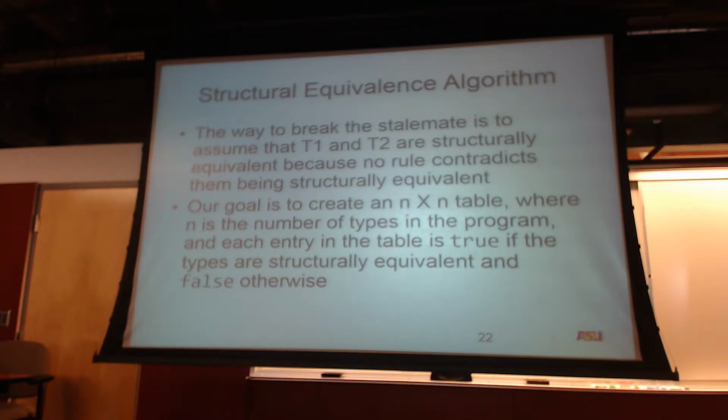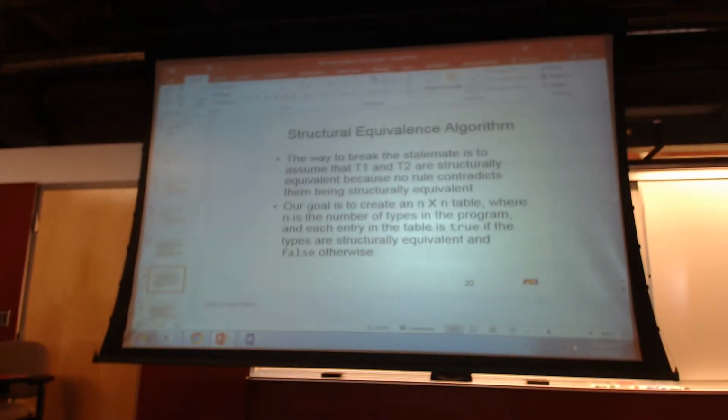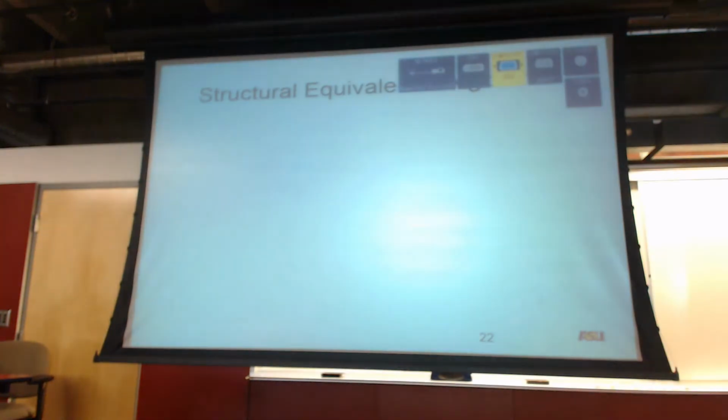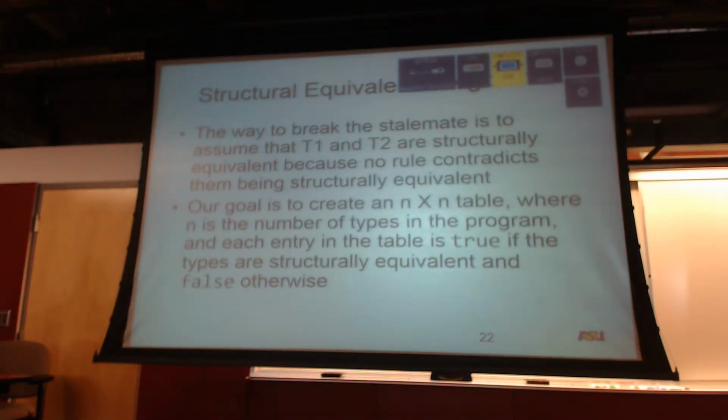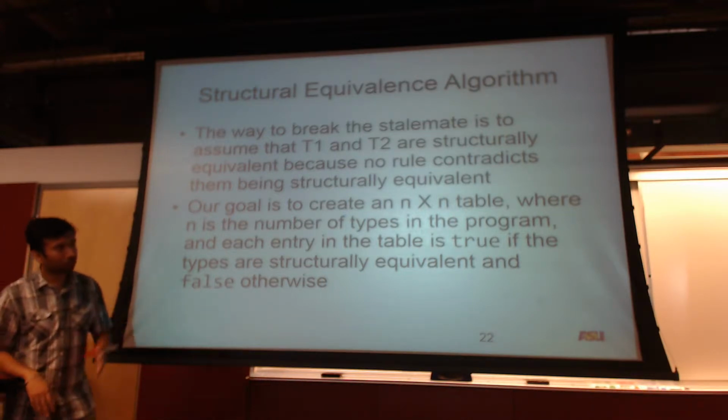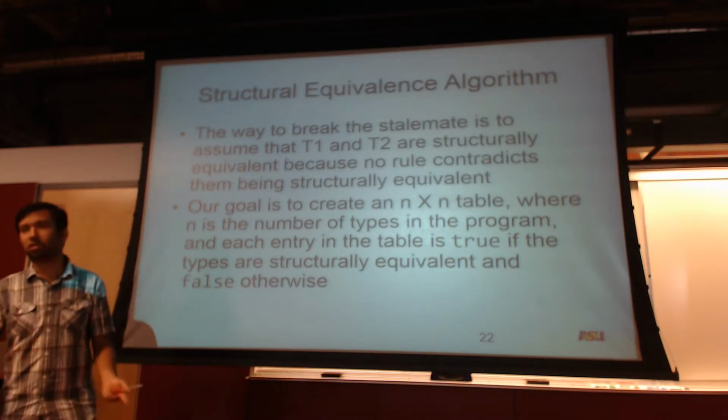So now what we'll do is we'll try to devise an algorithm to check type compatibility. Right? So we'll create an n cross n table, where n is the number of types in the program, and each entry in the table is true if the types are structurally equivalent.